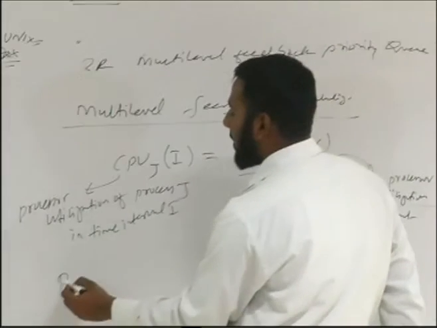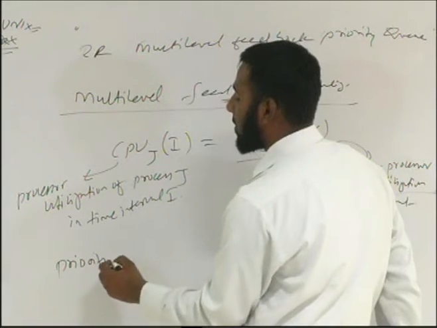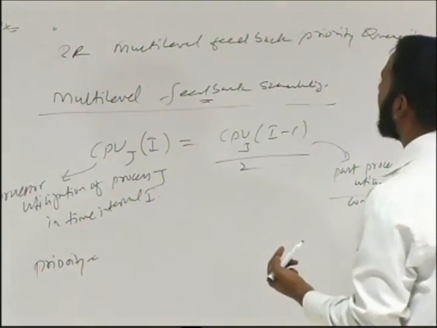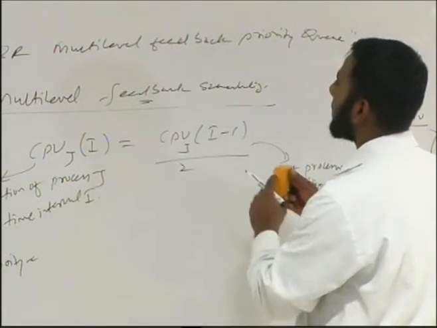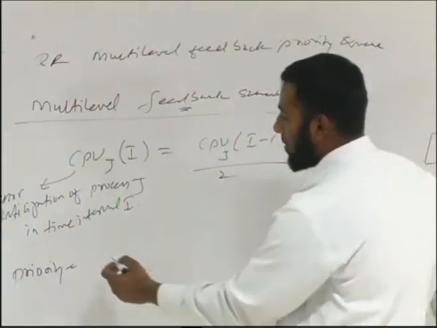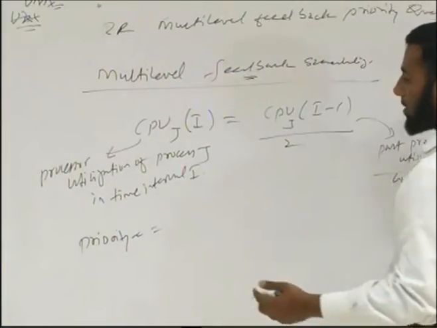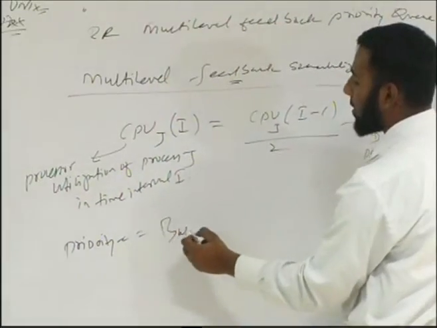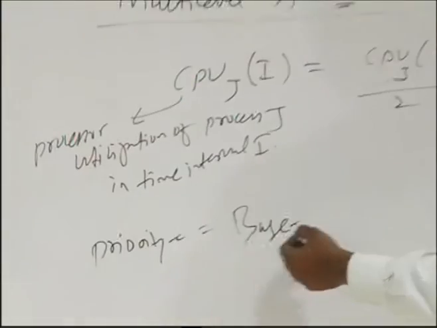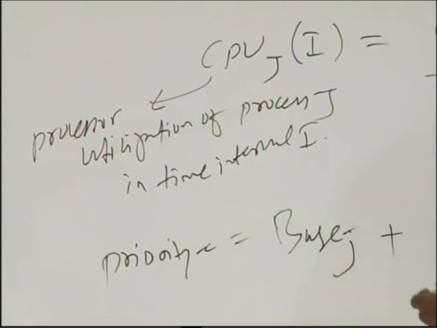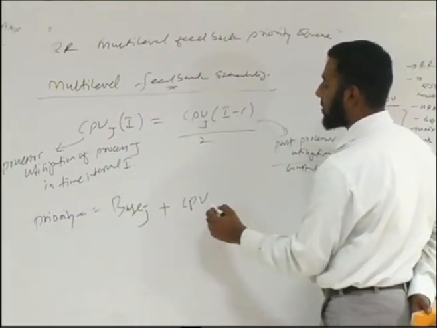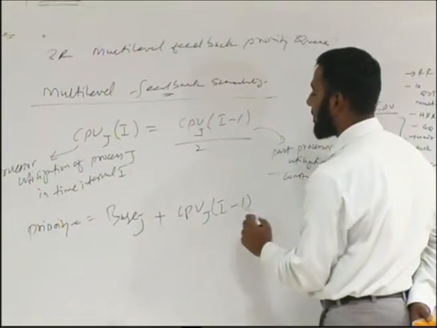Now, the priority for this round robin multi-level feedback priority queue algorithm is calculated for every process when it is submitted to the system; they have some base priority. Suppose process Pj has some base priority base j, then that will be added to the estimated CPU j of I minus 1, divided by 2.